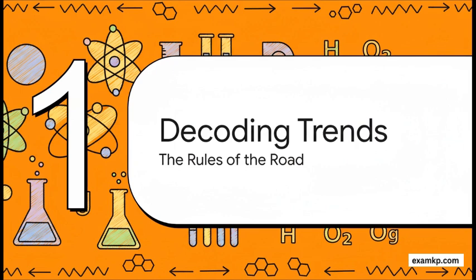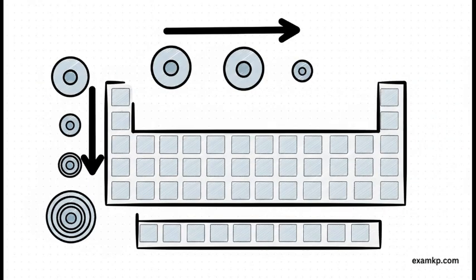Okay, so to read any map, you have to know the rules of the road, right? That's what periodic trends are. These are the basic patterns that control every single element on there. Get these down and you're halfway there. This slide really gets to the heart of it. Let's just take atomic radius, the size of an atom. As you move from left to right across the table, you're adding more protons to the center.